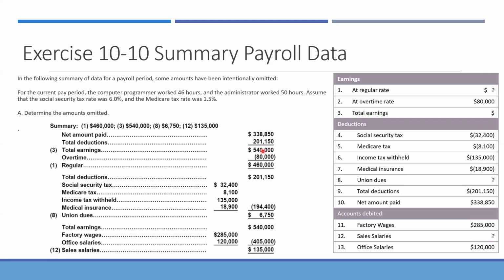And the total earnings is 540,000 minus 80,000, we get our regular earnings of 460,000. We take our total deductions, subtract all the known amounts, and then we get our remaining amount for union dues. And then we take total earnings minus the known amounts of factory and office salaries, and then we get the sales salaries as the remaining amount.